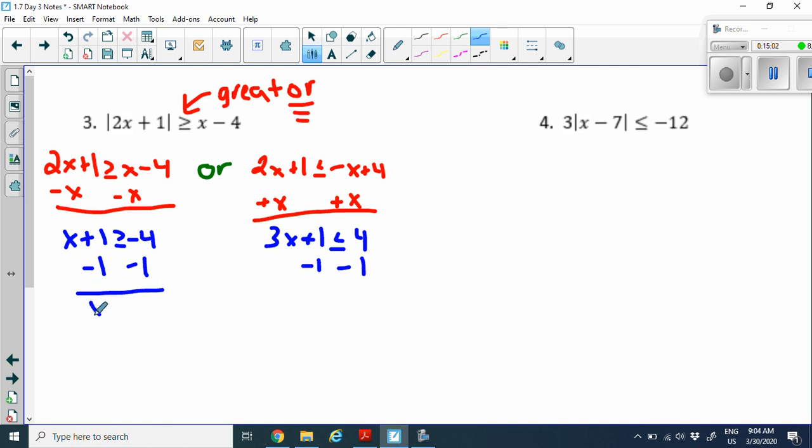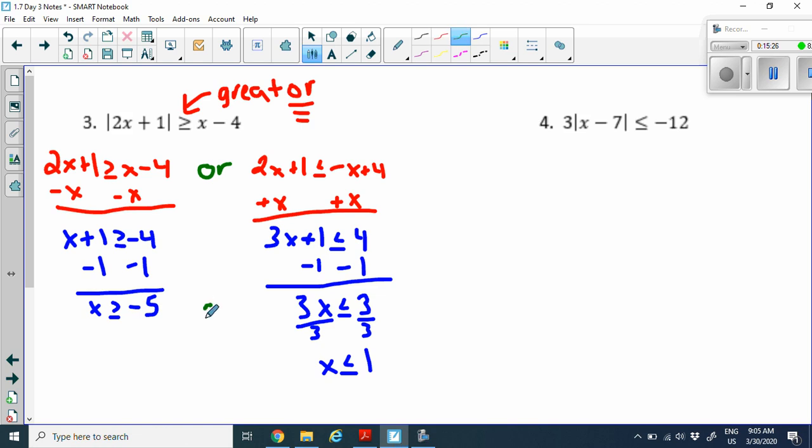So on my first inequality, I get x is greater than or equal to -5. On this one, I get 3x is less than or equal to 3. Now, I still need to do one more thing. I need to divide both sides by 3 to get my answer here. So now I get x is less than or equal to 1.